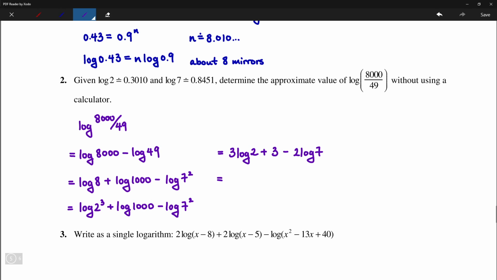And then after that, we can substitute in the values of log 2 and log 7 that were given. So this would be 3 times 0.3010 plus 3, and then subtract 2 times the approximate value of log 7, which was 0.8454, and this could be multiplied out, of course, and we'll get an answer of 2.2128.